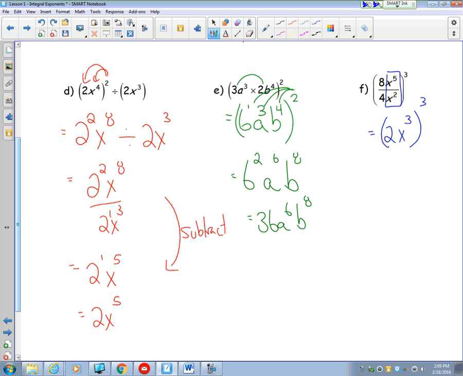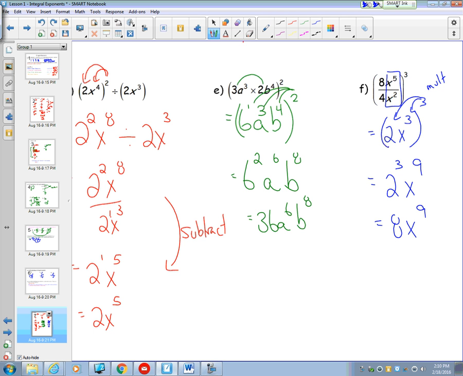I did exponent rules with the letters because they're the same bases. What do I have to apply that 3 to? It's got to apply to that one and that one. So 2 to the 3 and x to the 9. Make sure we're multiplying, right, our exponents. And 2 to the 3 is 8. So 8x to the 9.